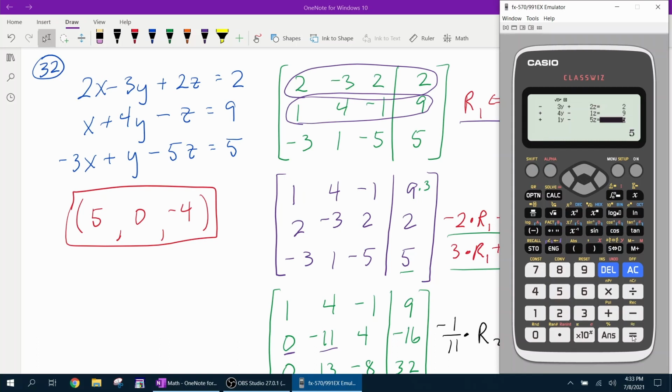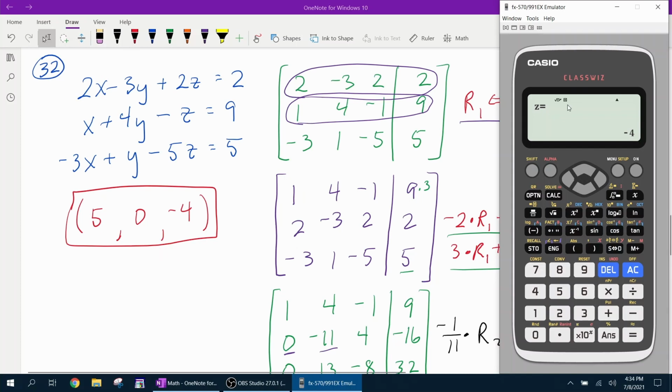And then if I hit equals one more time, it's going to give me the answer for x. Hit equals again, and again. It's going to give me the solution for x, y, and z. And if you click equals again, you're going to see that it cycles through. So x, y, and z, our solution is verified.